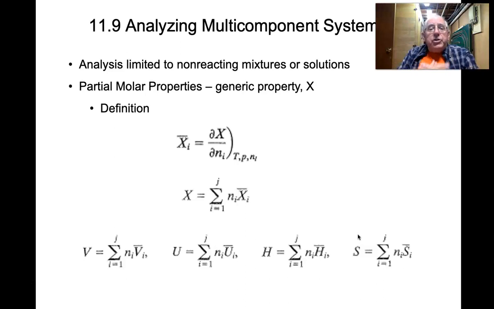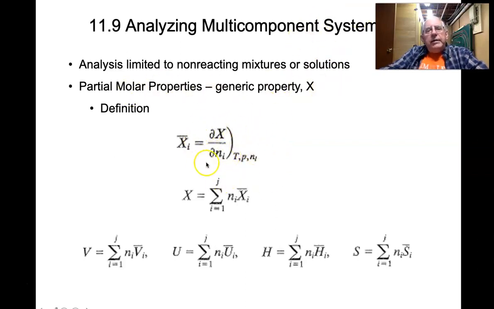When it comes then to determining the other thermodynamic properties, we basically say that each property associated with the thermodynamics of the pure substance, for a mixture, each property would have a value, a generic value, let's call it X. And what we can think of is that we could then define a partial molar property, again, for a mixture.